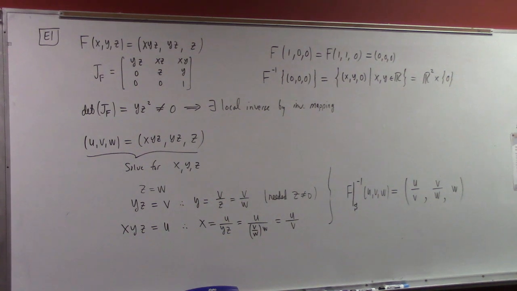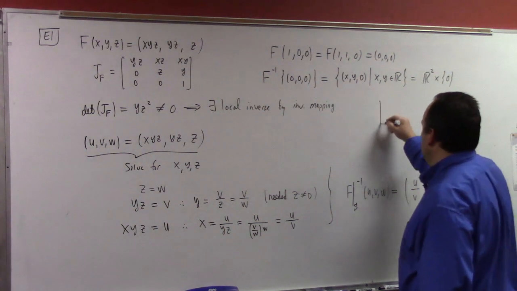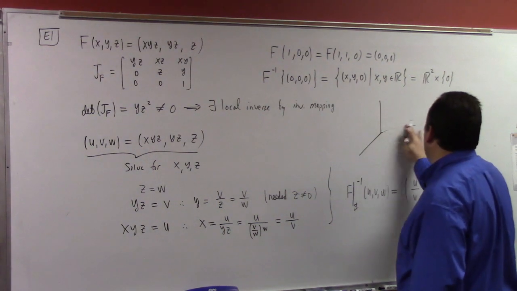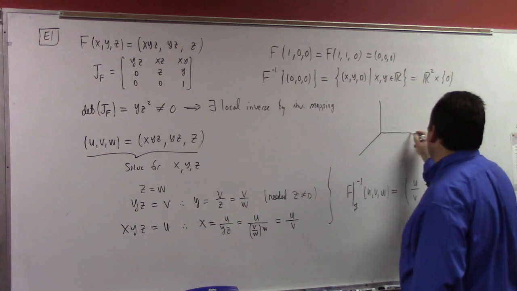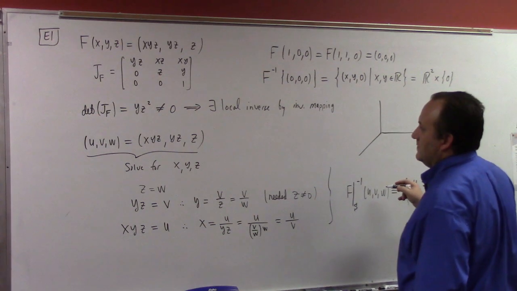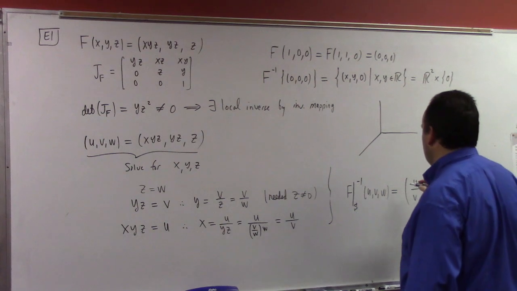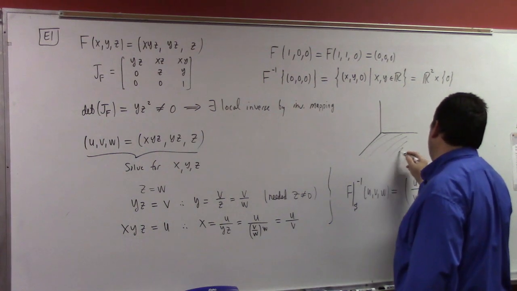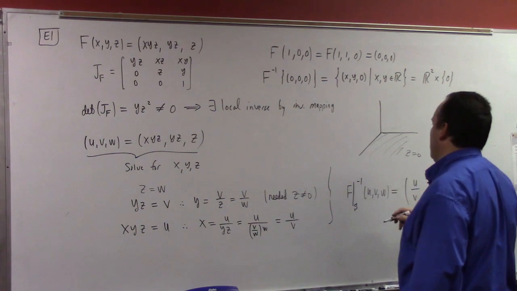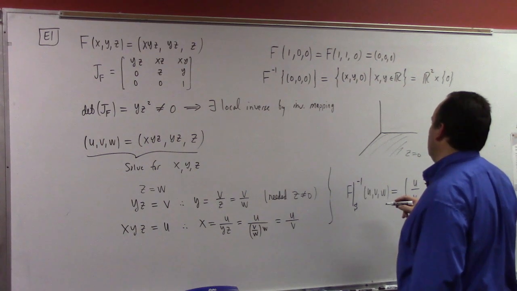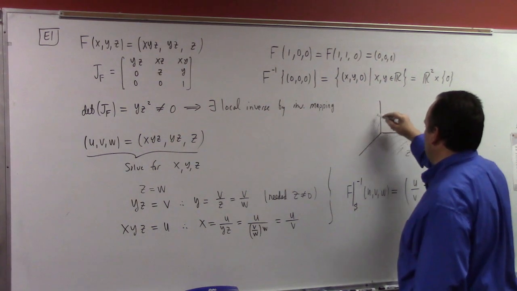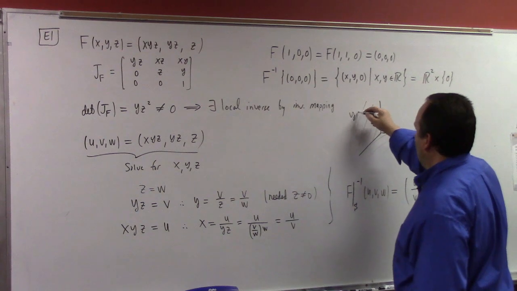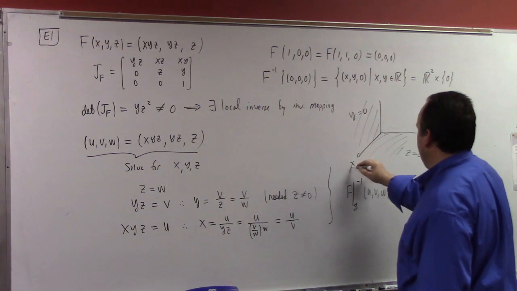What is that restriction exactly? I mean, is it just I have to throw out z equals 0? Let me try to picture it. So z equals 0 is like this, right? y equals 0 is this.